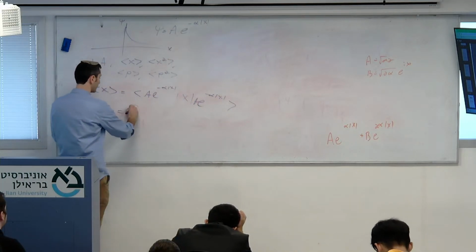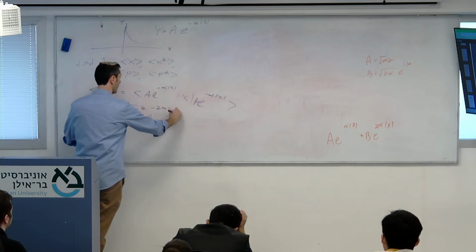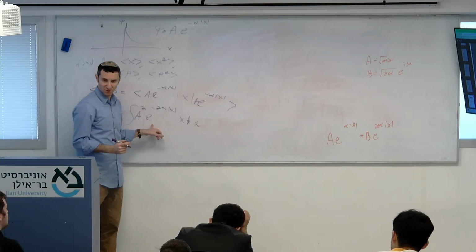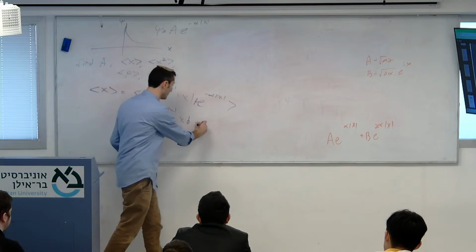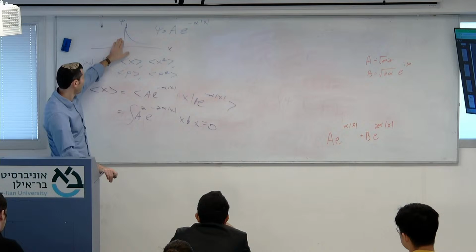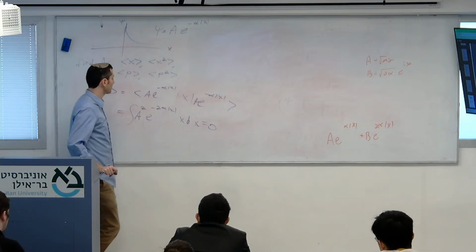I can write it as an integral of a squared e to the minus 2 alpha x times x dx. Even function times odd function, symmetric limits, 0, which makes sense. What is my mean position? I can see with my own eyes that it is 0. Okay.